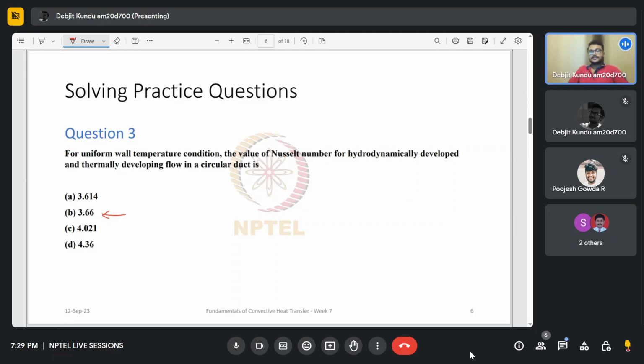For uniform wall temperature condition, the value of Nusselt number for hydrodynamically developed and thermally developing flow in a circular duct is what? Option A 3.614? Option B 3.66, which already has two responses in its favor? Option C 4.021, or option D 4.36?